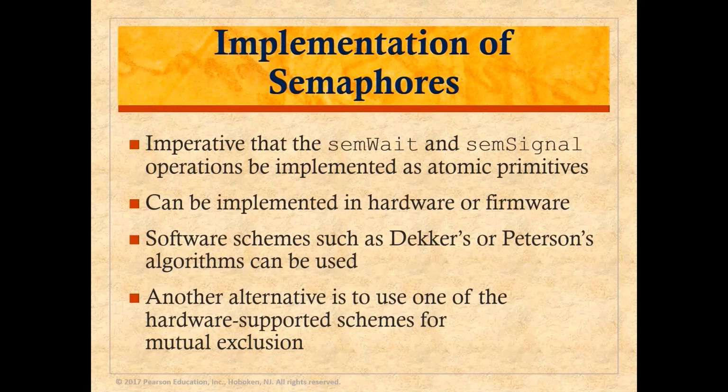The same goes for semSignal, so there is no interruption in between. It can also be implemented in hardware or firmware. Because it is OS level, normally we can do it at firmware level. Software schemes such as Dekker's or Peterson's algorithm can also be used together with semaphore.